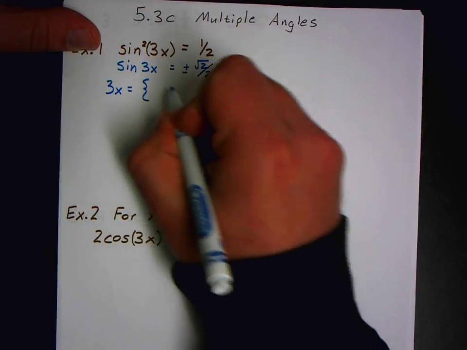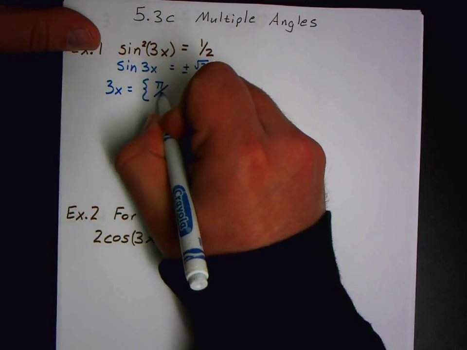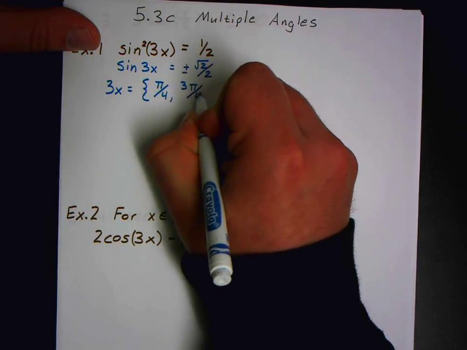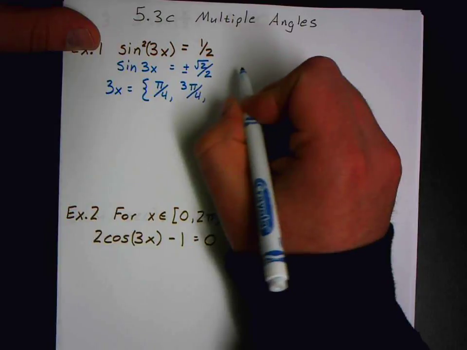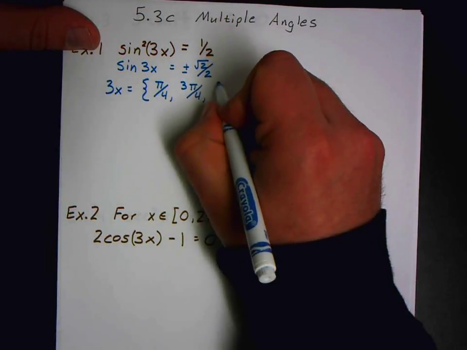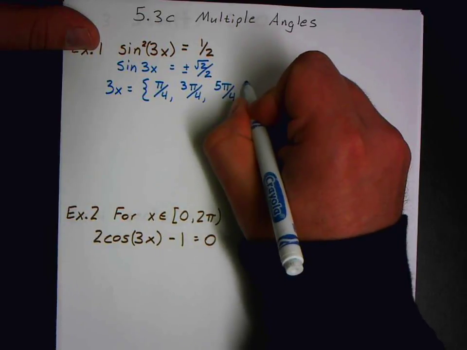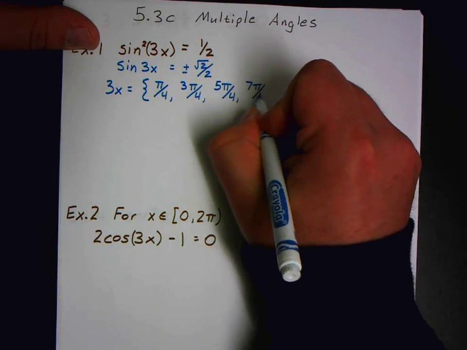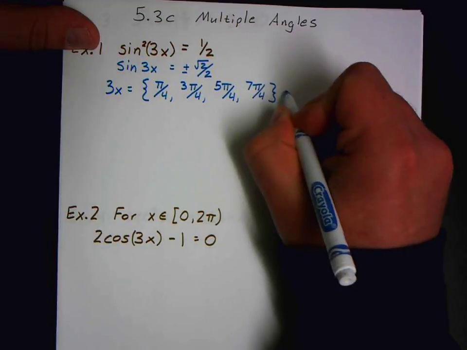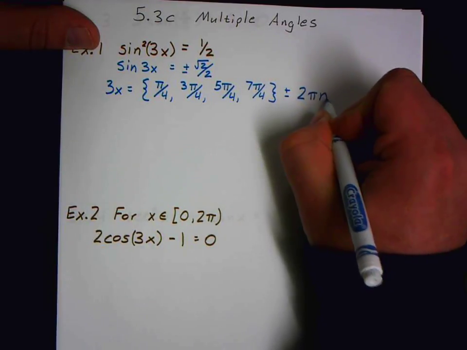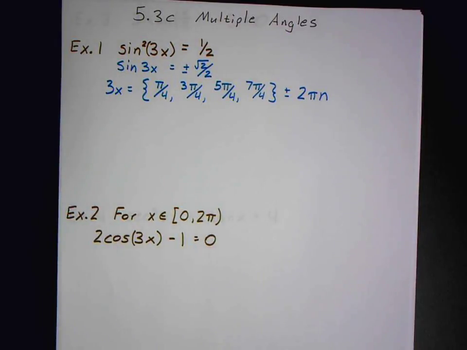That's going to happen at all the pi over 4 spots. Now, the difference between this and previously is this is our answer.